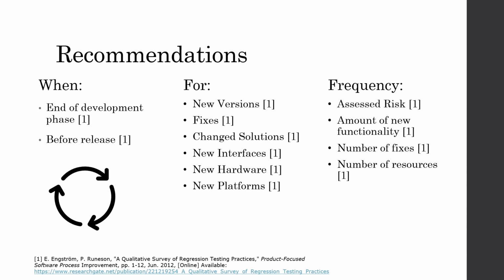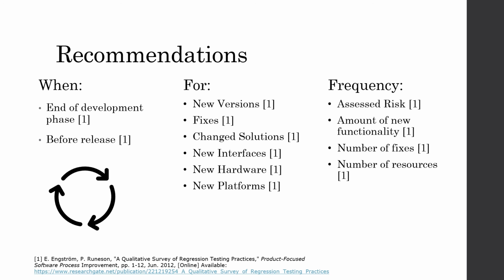Regression testing can be performed after a number of changes, such as the release of a new software version, when a fix for a defect is implemented, or if a solution has been changed. In addition, regression testing can be performed to ensure compatibility of existing software when new interfaces, hardware, or platforms are introduced.